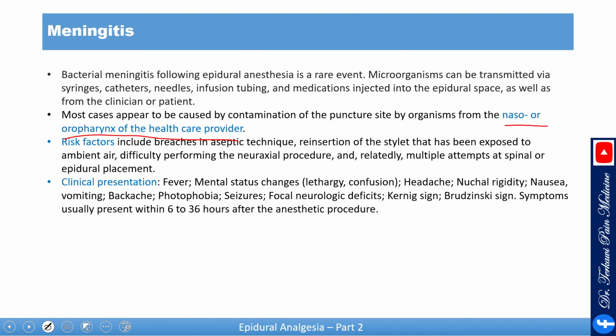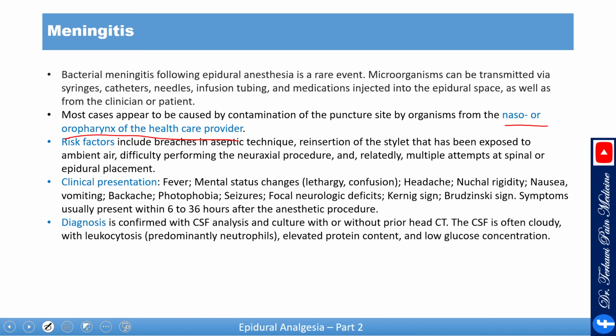Clinical presentation: fever, mental status change, lethargy, headache, nuchal rigidity, nausea, vomiting, backache, photophobia, seizure, Kernig sign, Babinski sign. Symptoms usually present within 6 to 36 hours after the procedure. Diagnosis is confirmed by CSF analysis and culture.